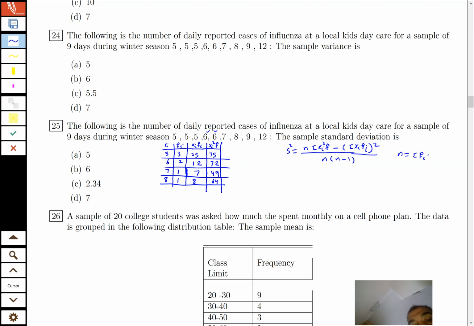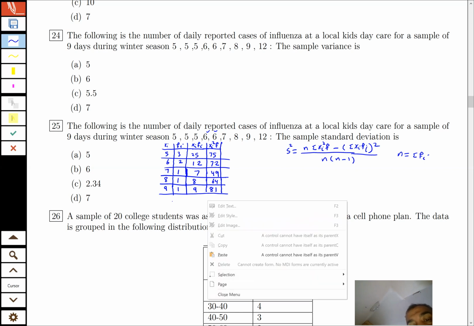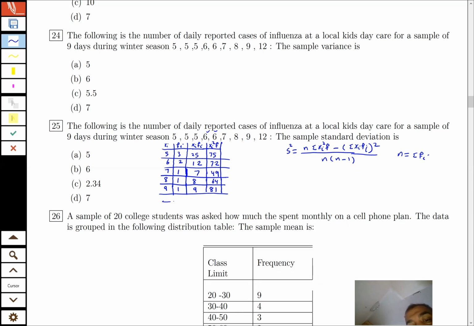We have as well 9 appearing only 1 time, so 9 times 1 is 9, and 9 squared times 1 is 81. Then we have the last number, which is 12, and the frequency is 1 because it appears only 1 time. 12 times 1 is 12, and 12 squared is 144.